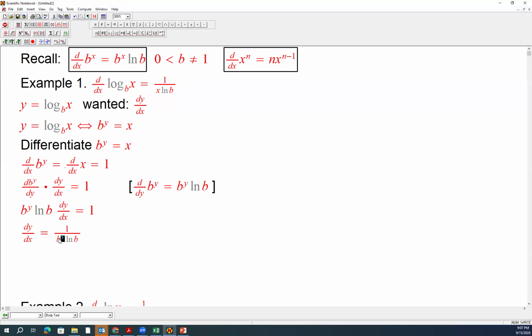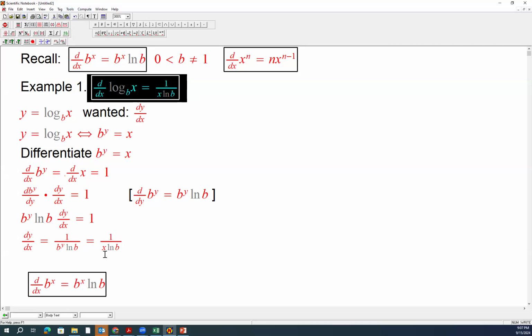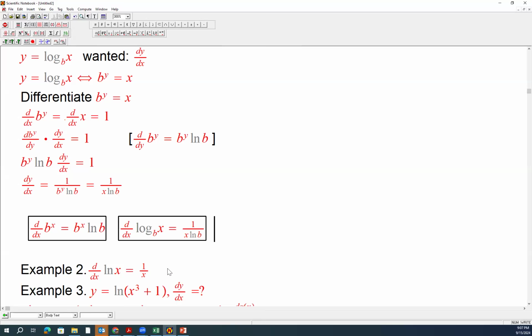But b to the power of y equals x, so at this moment we can replace b to the power of y by x. So by this time we have derived this formula.